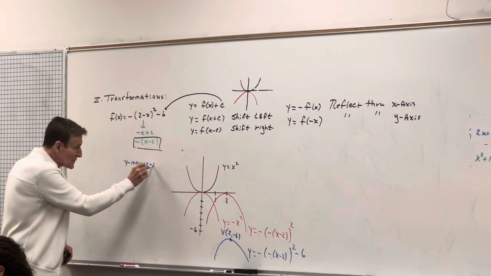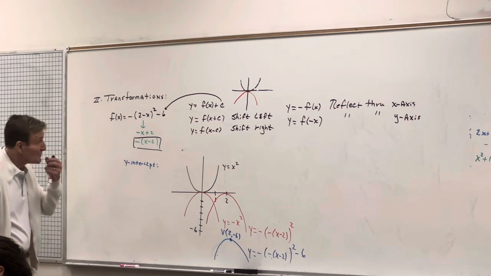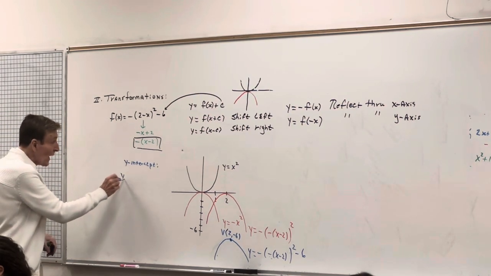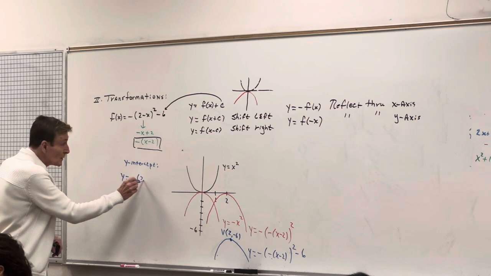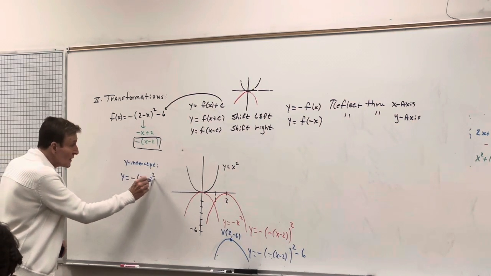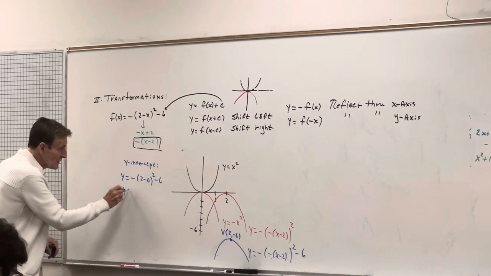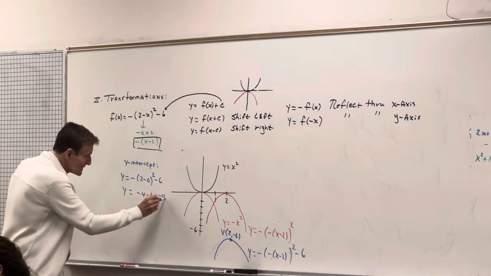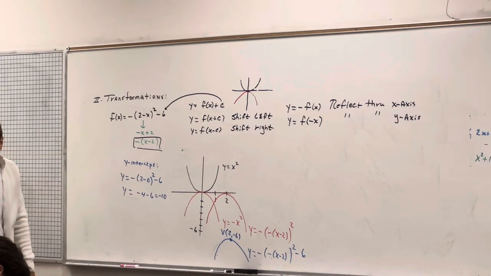A quick way to find the y-intercept always: replace x with a 0. If I go back to the original, y is equal to negative, replace the x with a 0. Looks like it's negative 4 subtract 6. Check my math: it's negative 10. Yes or no?